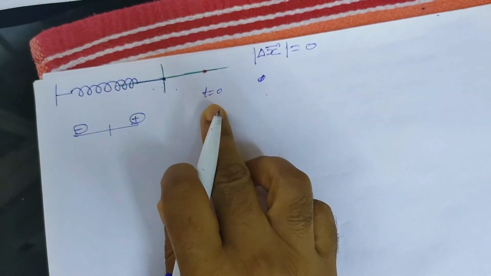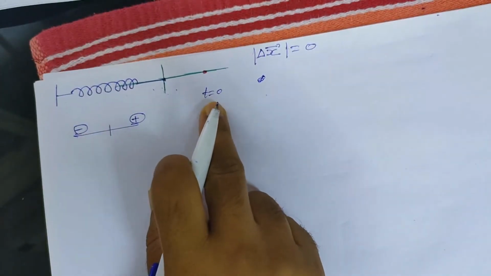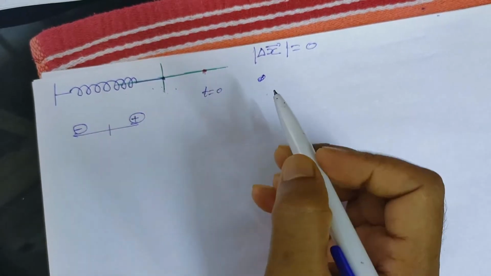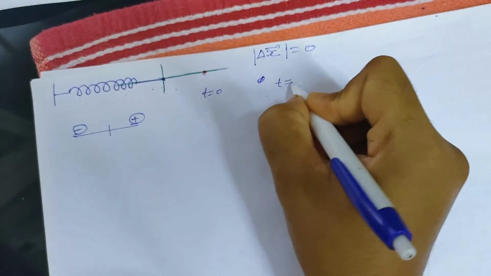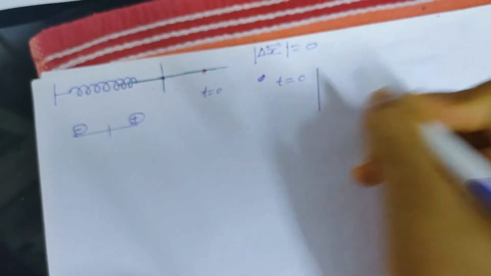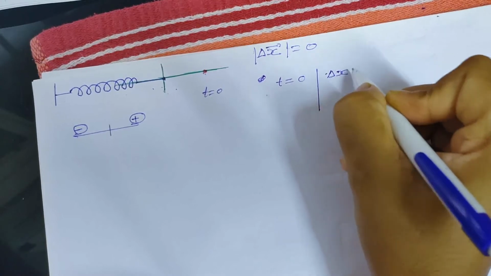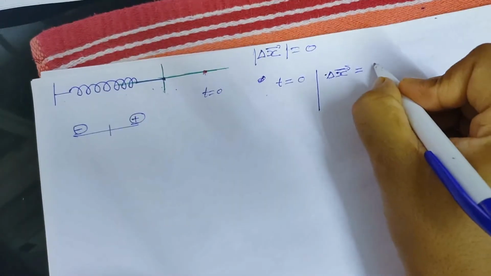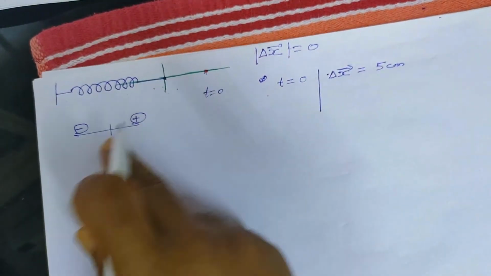T equal to 0 means from here we start analyzing this motion. At t equal to 0, the position of the open end of the spring is here. If I ask you the magnitude of delta x, or simply displacement, at t equal to 0, you should say plus 5 centimeter, because rightward is positive.